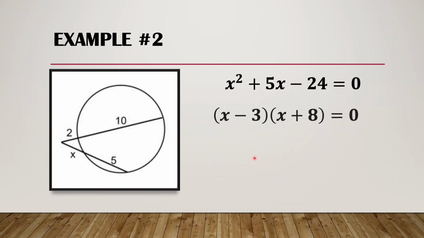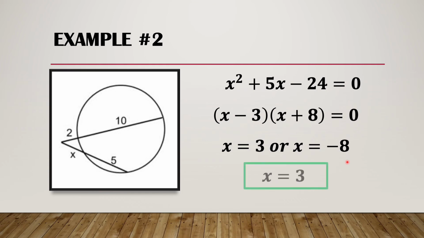Factoring out, we have the quantity of x minus 3 multiplied to the quantity of x plus 8 equals 0. So the factors are x equals 3 or x equals negative 8. The final answer will be x equals 3. We cannot use x equals negative 8 because we cannot have a negative value.